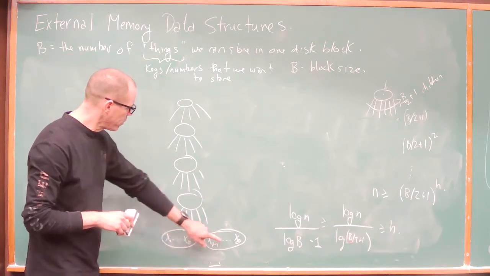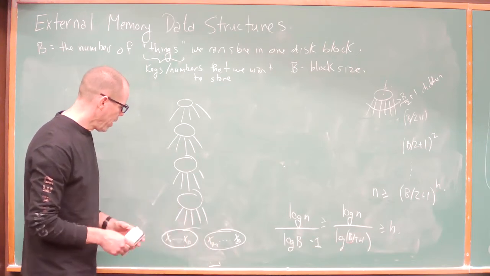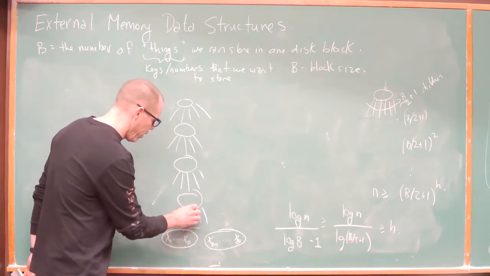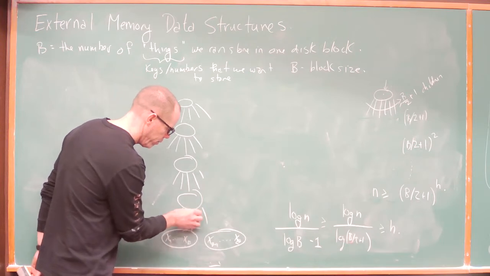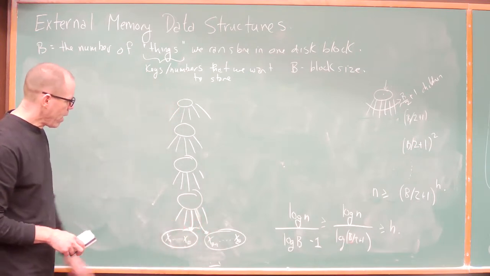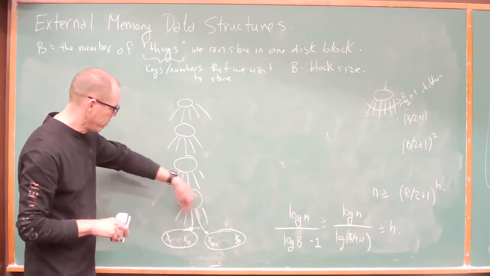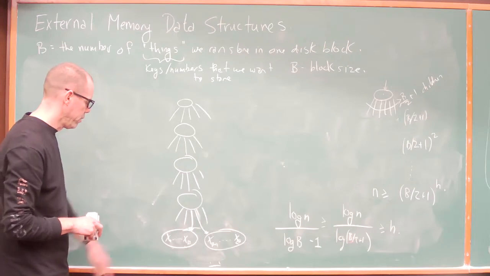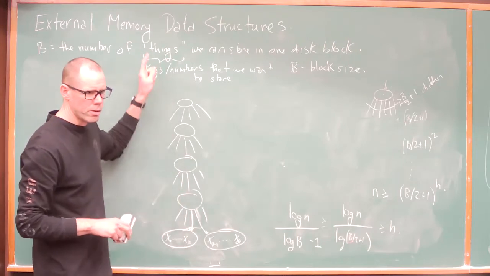So you can split this into 2 nodes, each of size exactly b. And where this parent used to have 1 child, you put in 2 children there. And now the danger maybe is that this parent has too many children, in which case you may have to split it and so on.